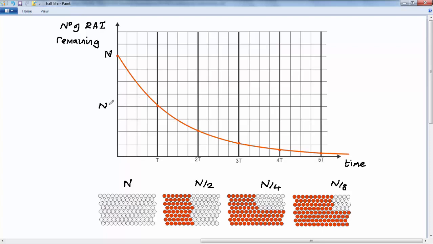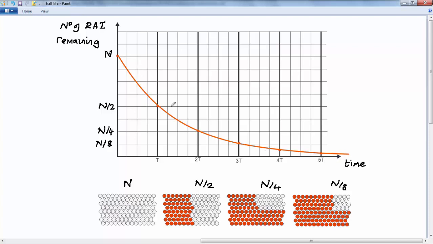We're at N by 2, and then another half-life period, we're down to here, which is N by 4, and another half-life period, we're down to here, which will be N by 8. Okay, and then N by 16, and then N by 32, and so on and so on. So again, repeating, after each half-life period, the number of radioactive isotopes remaining drops by 2.